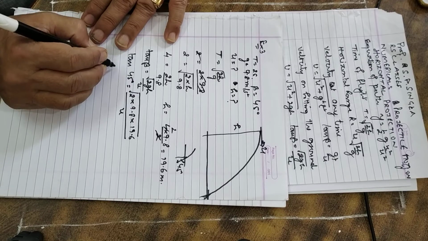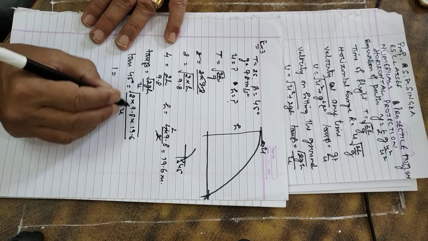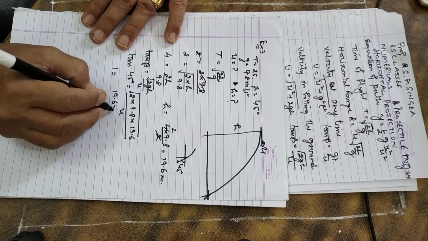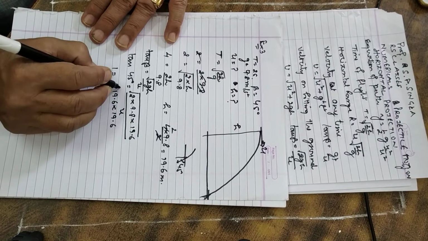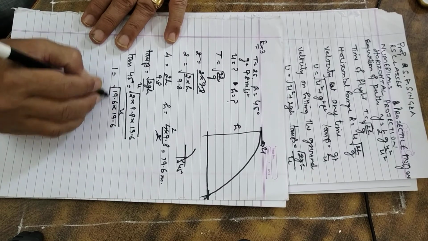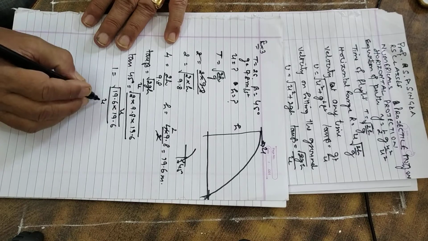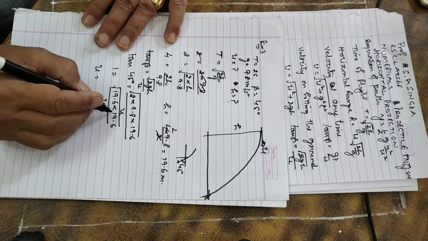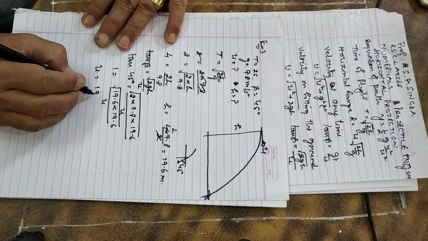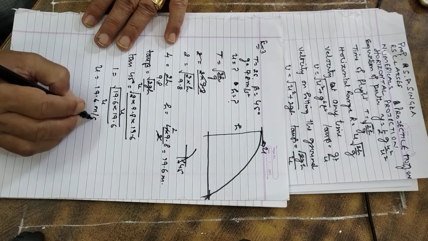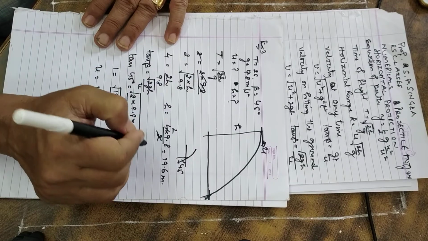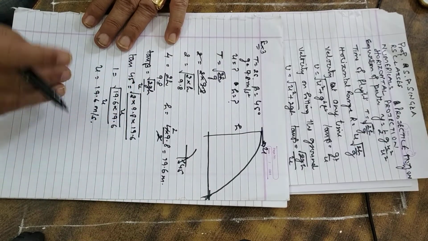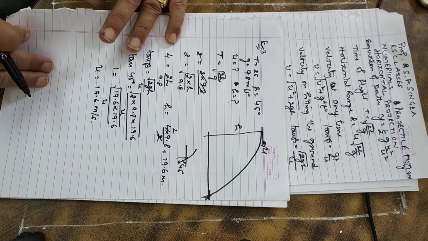Tangent 45 degrees is 1. Multiplying by 2, this is 19.6 multiplied by 19.6 upon u. Cross multiply. U is equal to 19.6 into 19.6 under root, 19.6 meters per second. So we have calculated h and u.